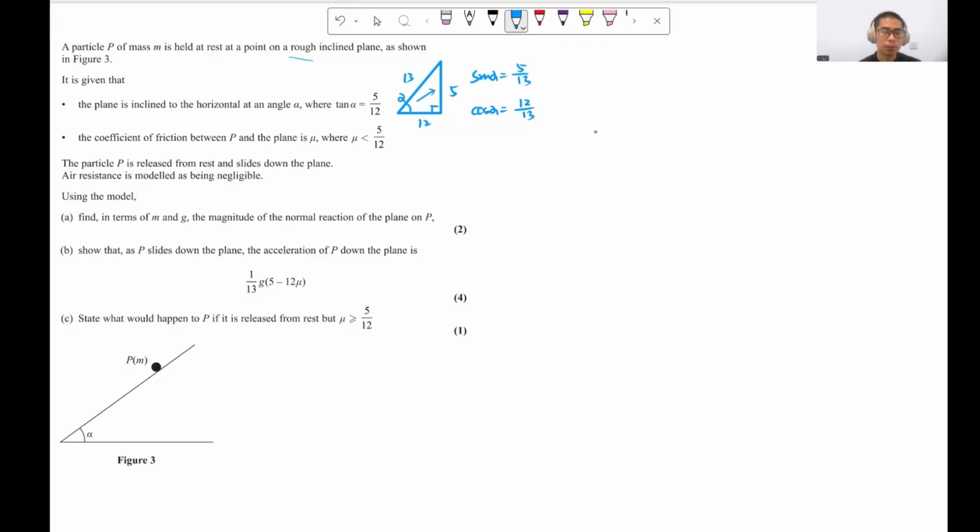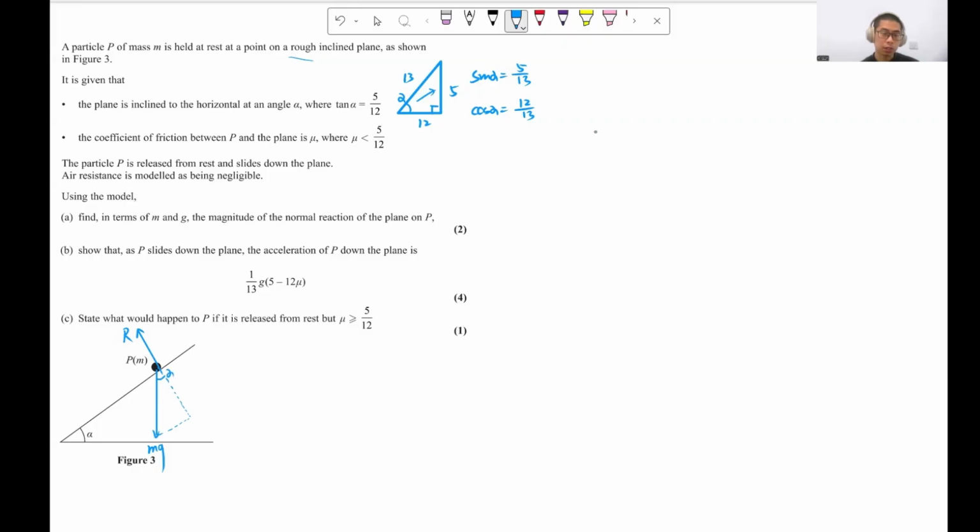Air resistance is modeled as being negligible using the model. Find, in terms of m and g, the magnitude of the normal reaction of the plane on P. So let's draw all the forces out. The weight has to be mg, and the normal reaction is R. Then resolve the forces, one perpendicular to the plane, one parallel to the plane.